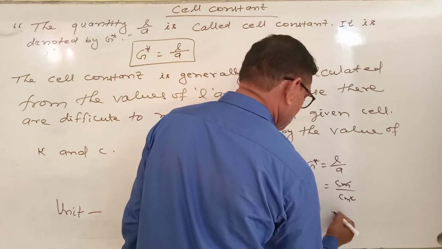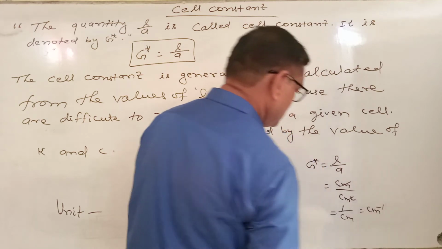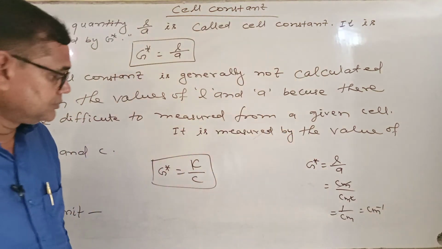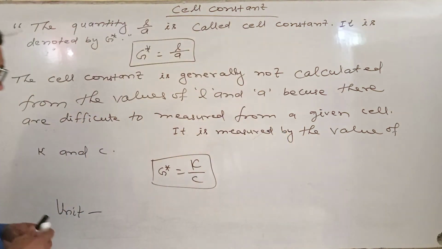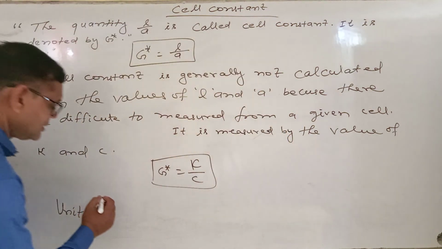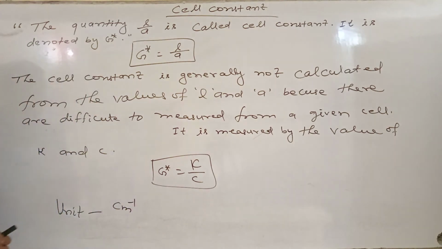So cm upon cm square gives cm inverse. Here we write the unit of cell constant in terms of cm is equal to cm inverse. It is the unit of cell constant.